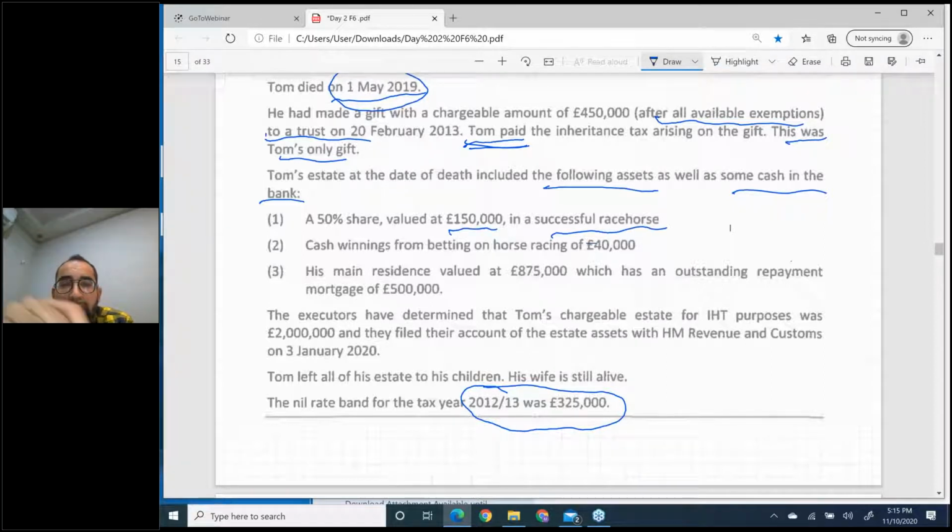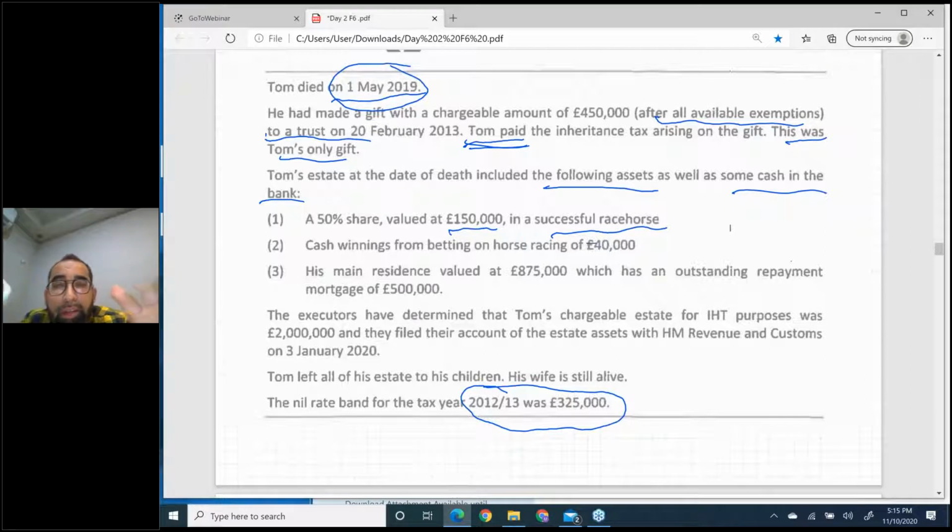Now listen, 50% share, this is the value of exact 50%. So this value will directly go in the death estate calculation, 150,000. And as I told you, at the time of death, whatever you own is part of your death estate. All assets are included in your death estate. So this 150,000 will be included as it is.